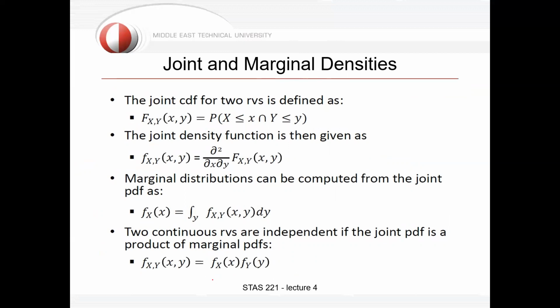Now, here, when you want to calculate the PDF based on the CDF, then in that case, you should take two derivatives, one for X and the other one for Y. But what if I want to find marginal densities? Then in that case, this function is already given to you.